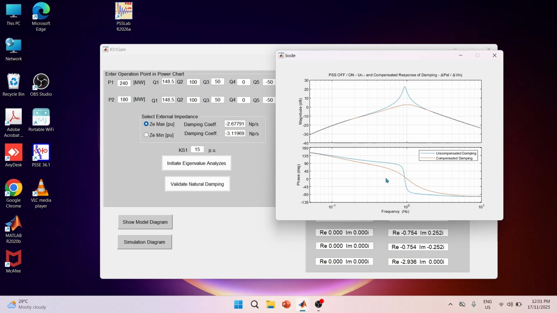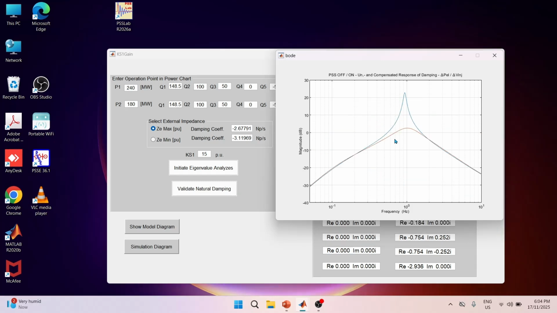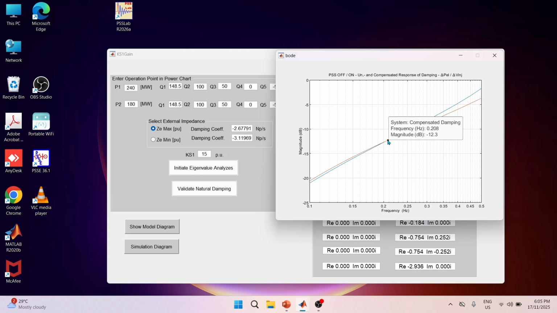The phase responses appear to be symmetrical at the crossover frequencies. We can see that the curves are approaching each other toward the lower frequencies, and in one point they intersect at 0.208 Hz.